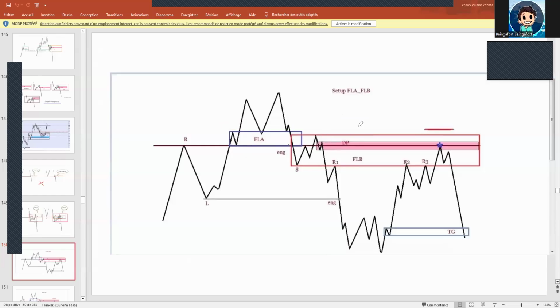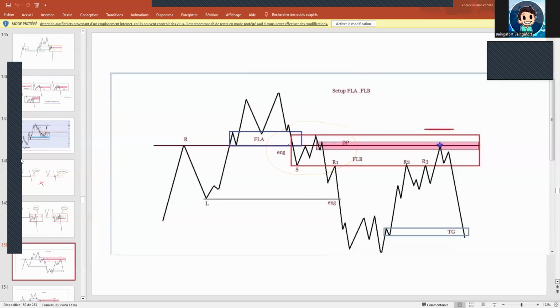So it is normal for the second to be bigger than the first one. If you see this kind of setup and the second is like that, it is not good. If the second one is smaller than the first one or the same as the first one, the probability is not so good.